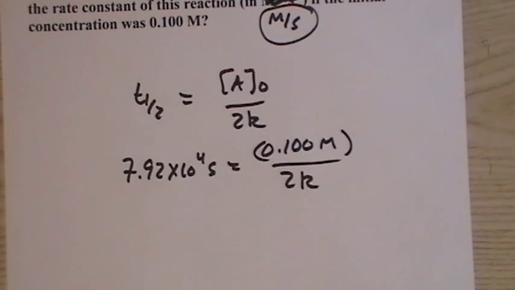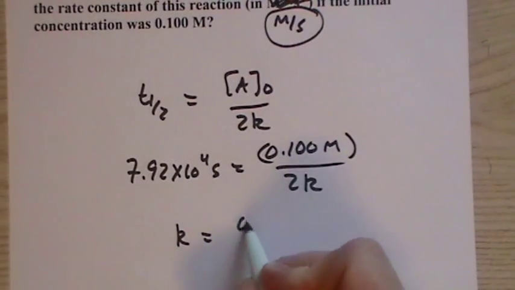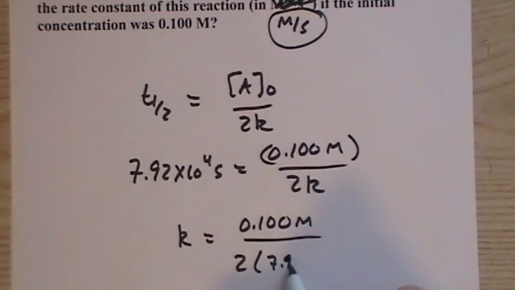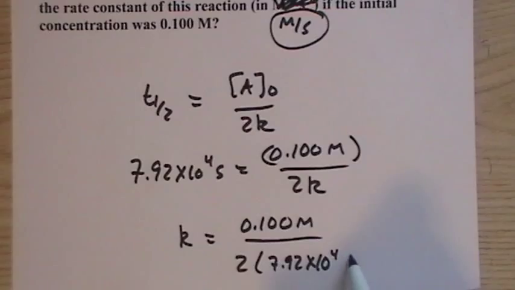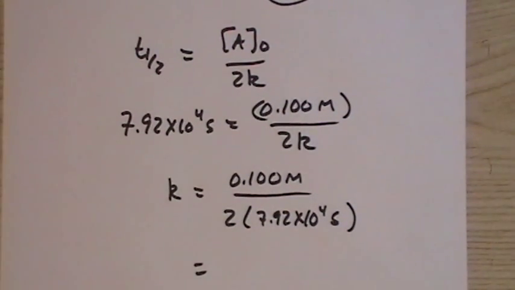And then we solve for K. What we'll end up with is 0.1 molar over 2 times 7.92 times 10 to the 4th seconds. We see we end up with molars per second. That's what we want. So 0.1 divided by 2 divided by 7.92 times 10 to the 4th. And this comes out to be 6.31 times 10 to the minus 7 molars per second.